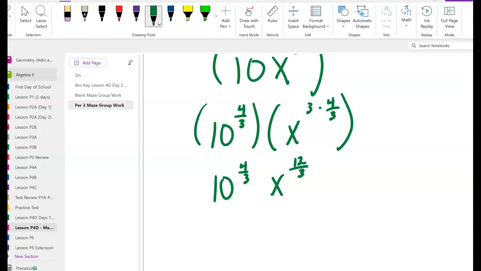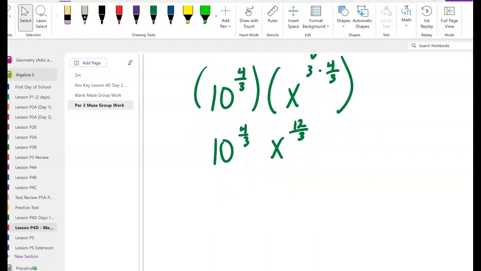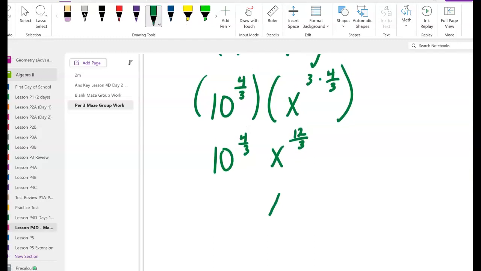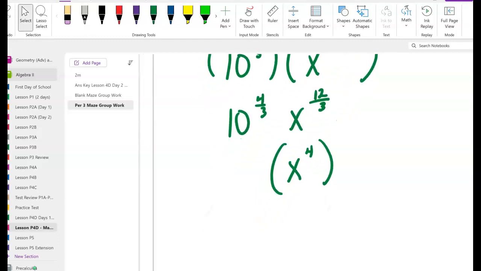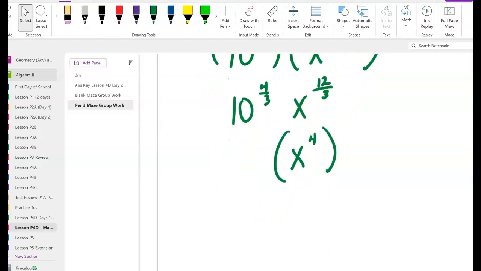Guys, does that simplify? Yeah. That's x to the what? 4/1, which is x to the 4th. Oh, look, no radical with my x. Nice. Then we have 10 to the 4/3.